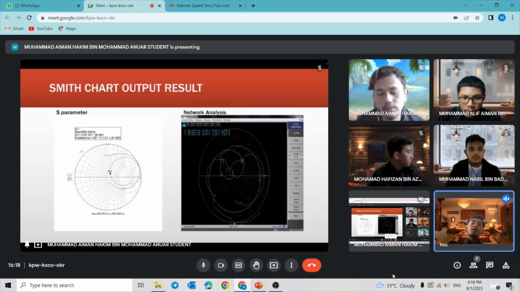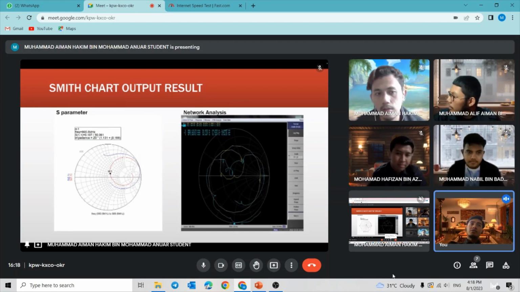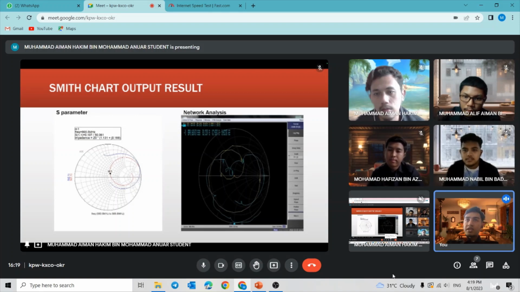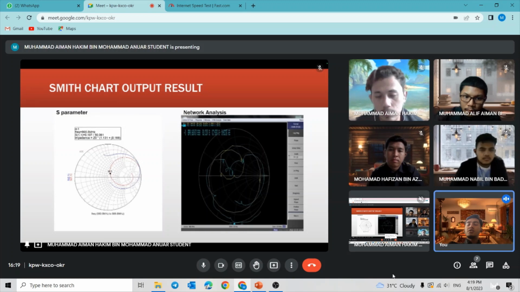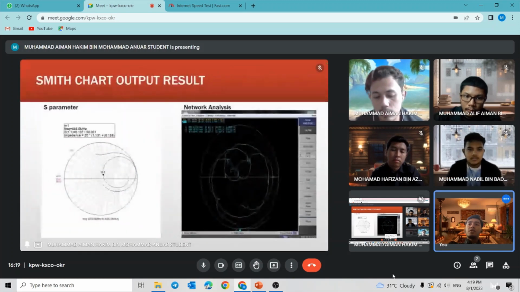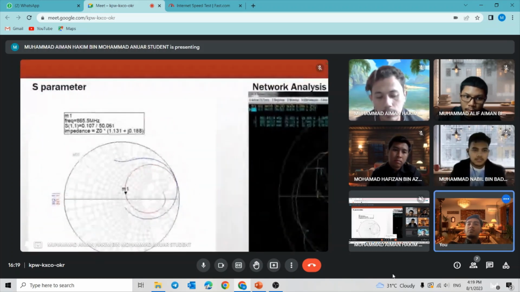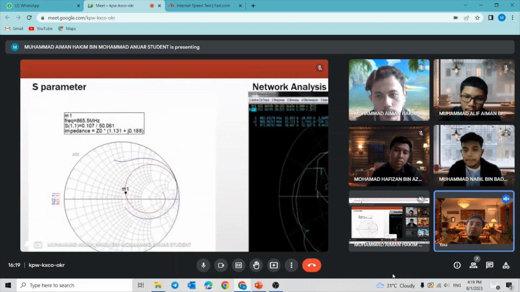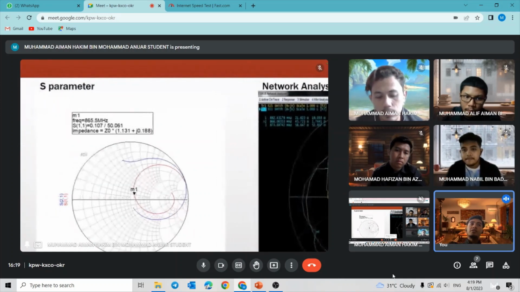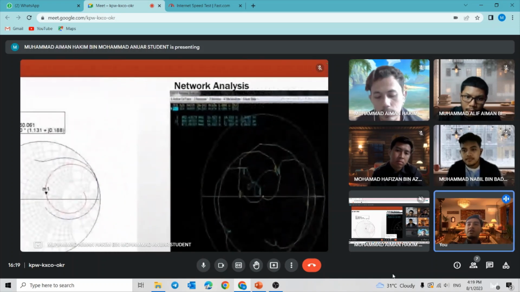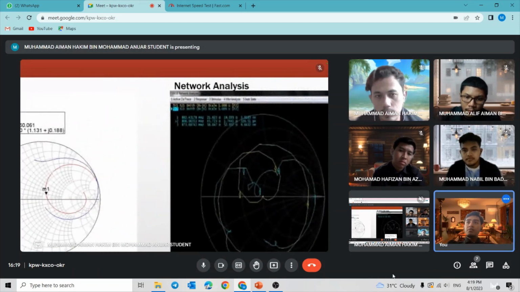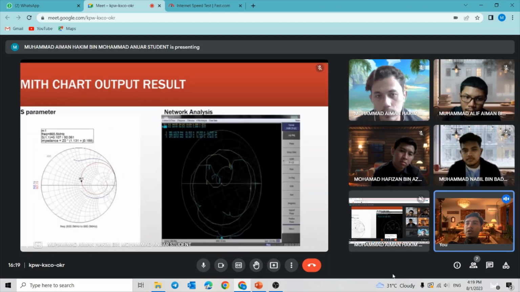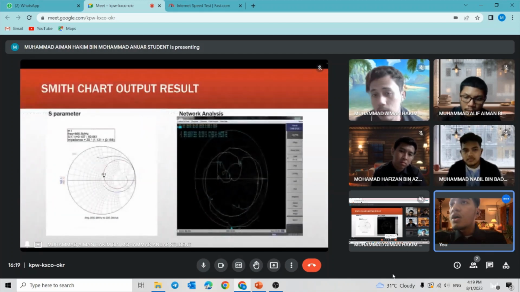After creating the circuit, we get the output Smith chart. On my left is the output of the lab assignment Smith chart, and on my right is the ADS output Smith chart. We are comparing two values of frequency.